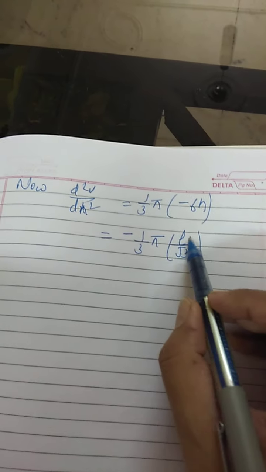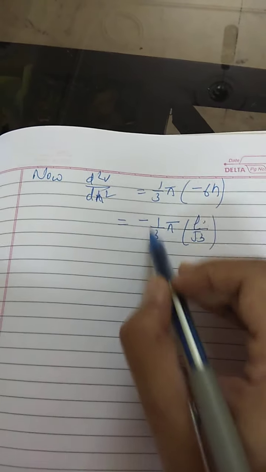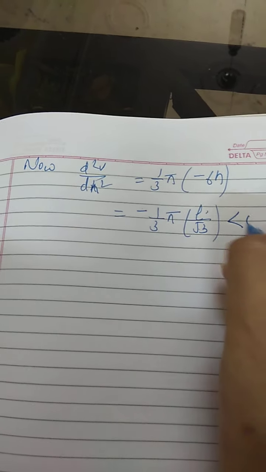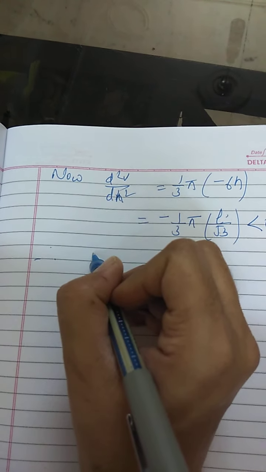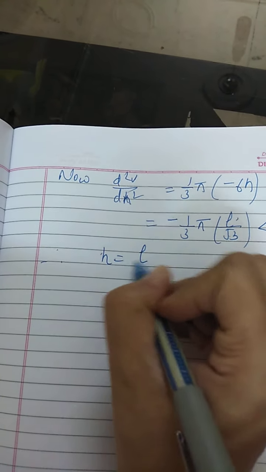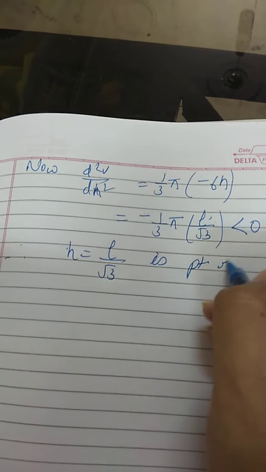Since L is the slant height, it can't be negative, it will be positive. All other values are positive, so this is negative. Therefore, h equal to L by root 3 is the point of maxima.